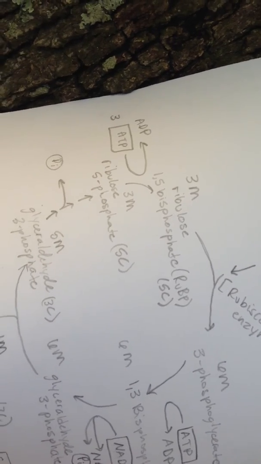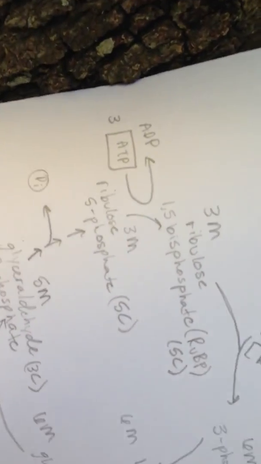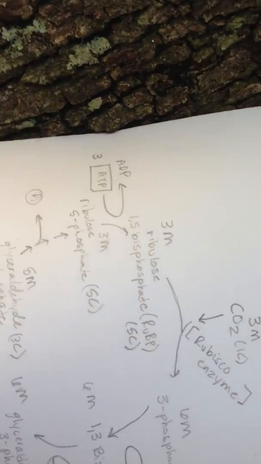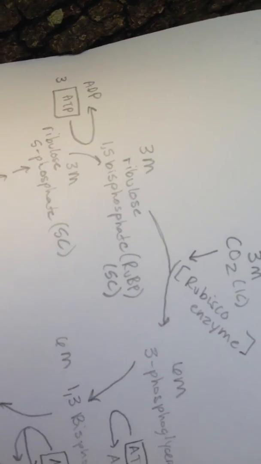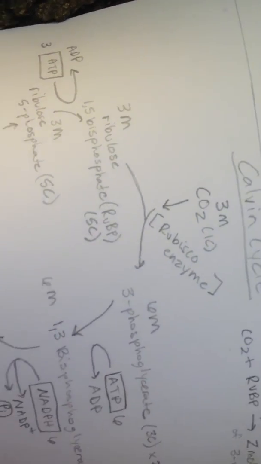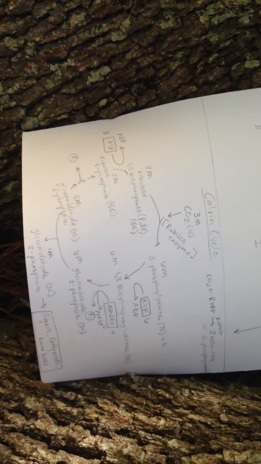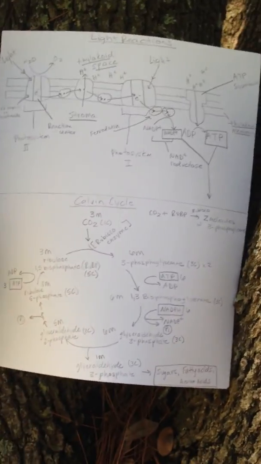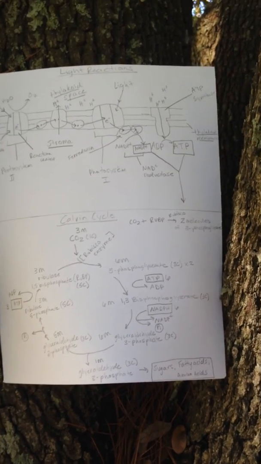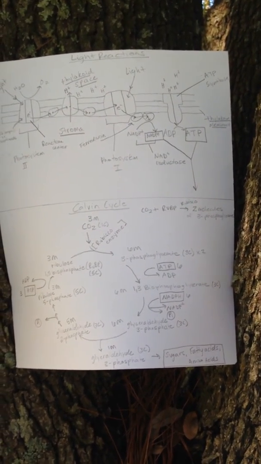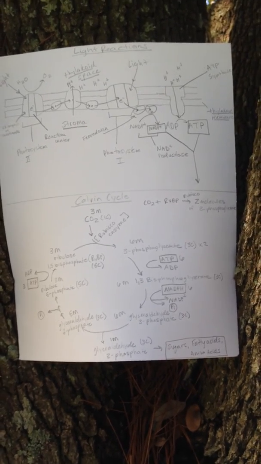It's very, very complicated. And that is called ribulose 5-phosphate. ATP, again from the light reaction, comes in and makes this ribulose 1,5-bisphosphate, the change in conformations that we want from this cycle. So that sums up the light reactions and the Calvin cycle and what happens in photosynthesis.